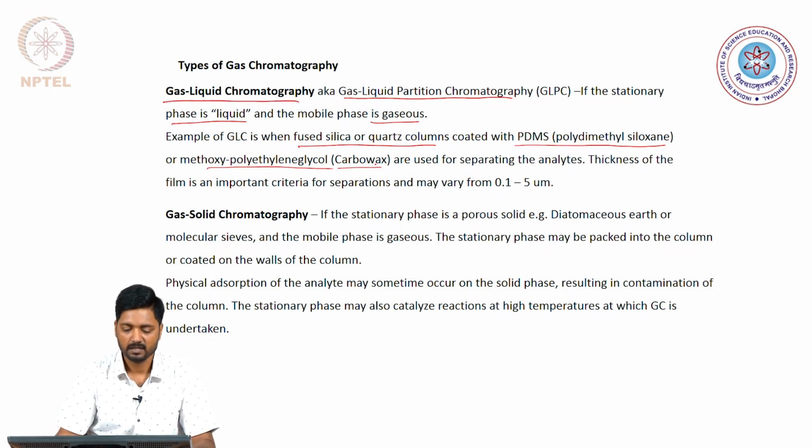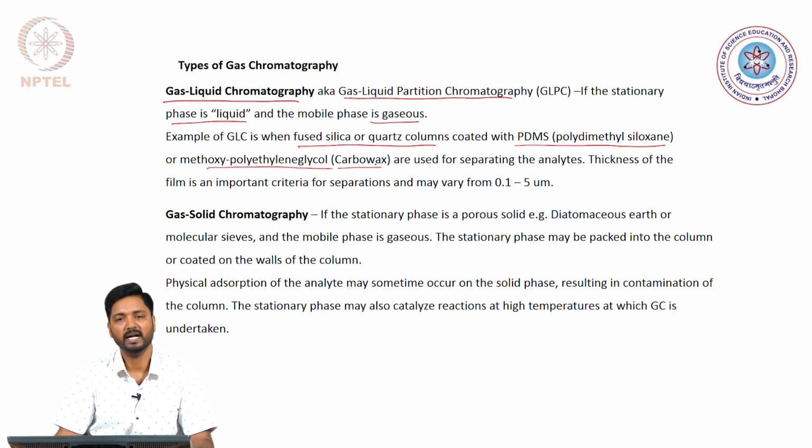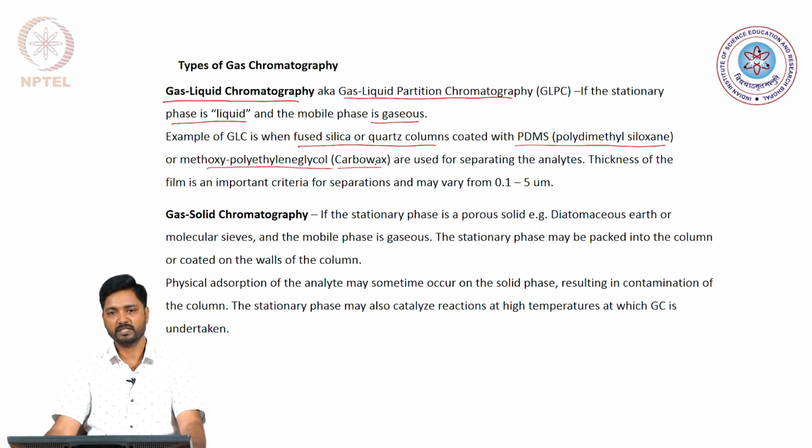These are compounds or coatings which have a sort of semi solid or fluid nature, and that is why they are known as liquid stationary phases. Please note that this is a key difference between our HPLC system and the gas chromatography system, in that in GC we can have a stationary phase which is more liquid like.